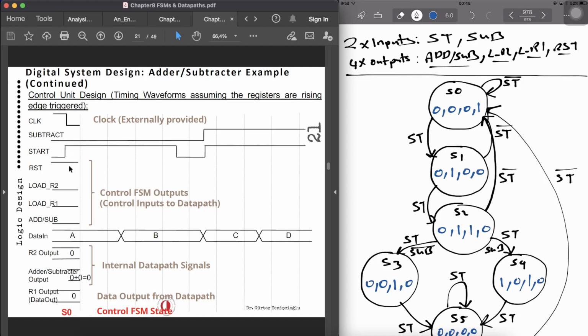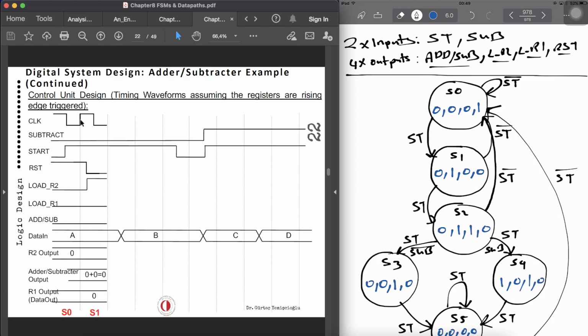Reset is 1 over here, and whenever the start is asserted, we are going to go into state 1, and reset will be deasserted. And load R2 will be asserted. So load R2 will be 1, load R1 will be 0, add subtract will be 0, and R2 output will have the value of A in there.